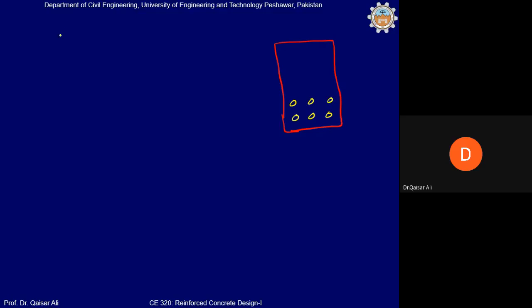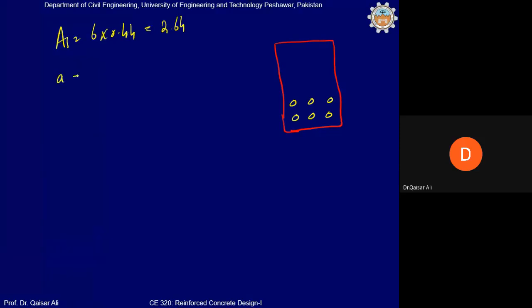Now actual reinforcement you can calculate very easily. It is 6 multiplied by 0.44. How much is the area now? 2.64 inch square.